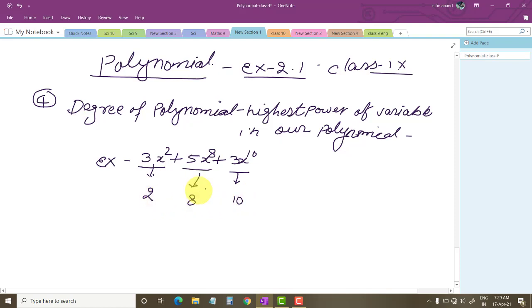The degree is the highest power of the variable, and 10 is the highest among all. So the degree of this polynomial is 10.